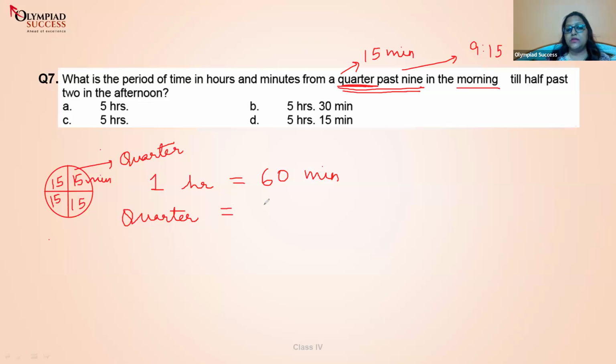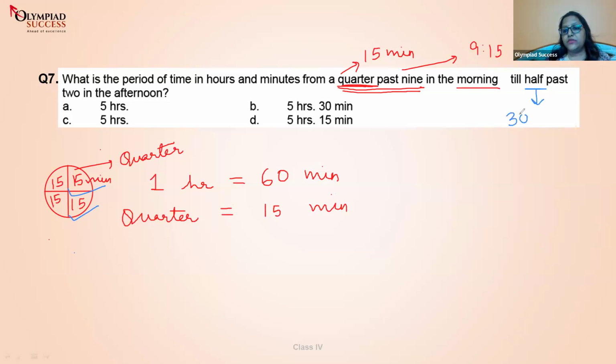Next, they are giving you 2:30. Now, 2:30 means half of your clock over here, half of the time. If you cover half, that means 15 plus 15. What is this? 30 minutes. So half means 30 minutes.